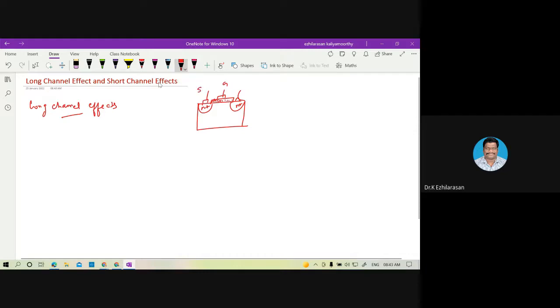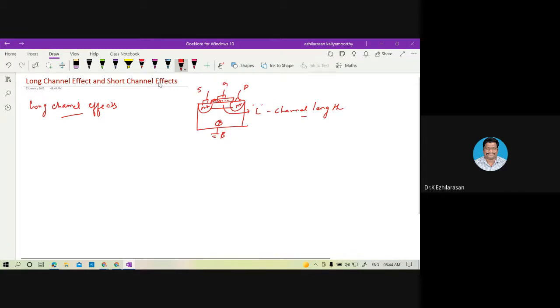This will be the source. This will be the drain. Then this will be your channel. We are considering the N MOSFET. Then we have another terminal that is named as bulk terminal. Now we can say this portion is nothing but L, where L is nothing but the channel length.